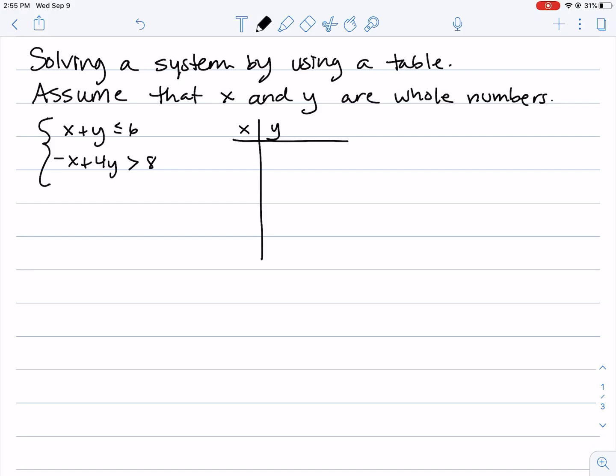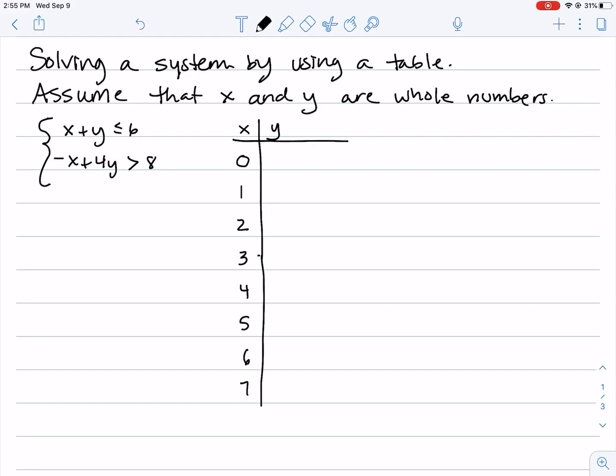Whole numbers are your positive integers and 0, in other words, counting numbers and 0. So 0, 1, 2, 3, 4, 5, 6, and so on. I'm going to write down 0, 1, 2, 3, 4, 5, 6, 7. We'll just start with those for now.